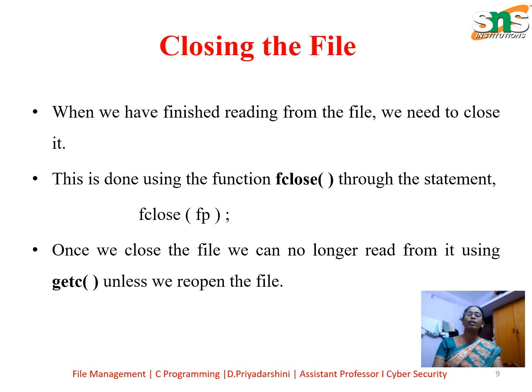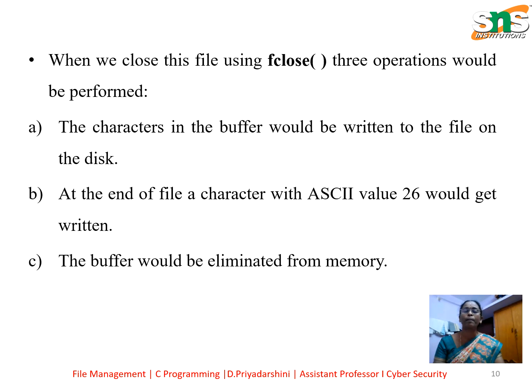Once we close the file, we can no longer read from it using getc unless we reopen the file. When we close the file using fclose, three operations are performed. The characters in the buffer are written back to the file on the disk. At the end of the file, a character with the ASCII value 26 is written. The buffer is eliminated from the memory.